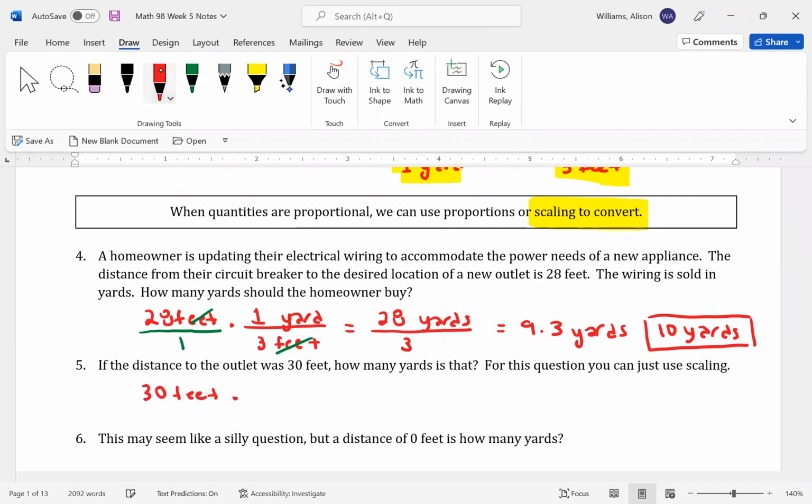I'm going to still multiply by 1 yard over 3 feet because I want the feet to be on top in the numerator and in the denominator, because then they cancel out and I'm just left with yards. Again, multiplying straight across, 30 times 1 is just 30 yards. 1 times 3 is just 3, no measurement. And 30 divided by 3 is 10.